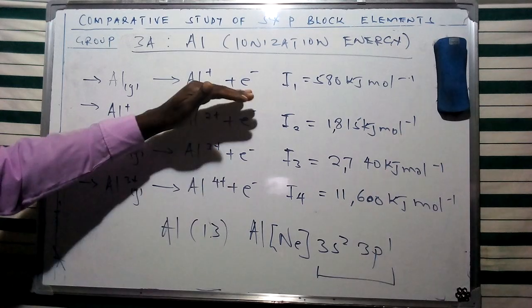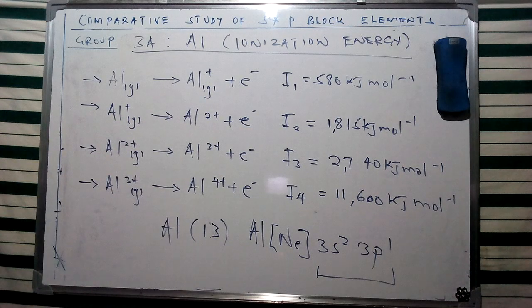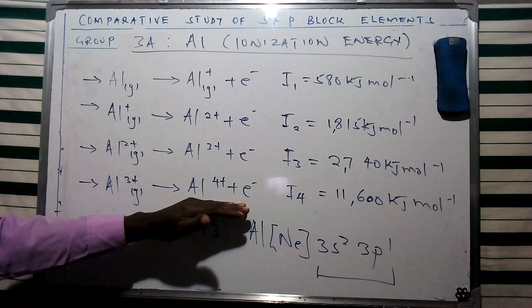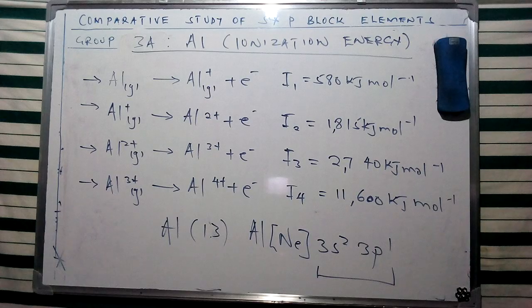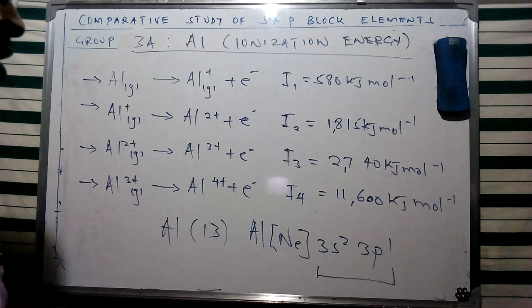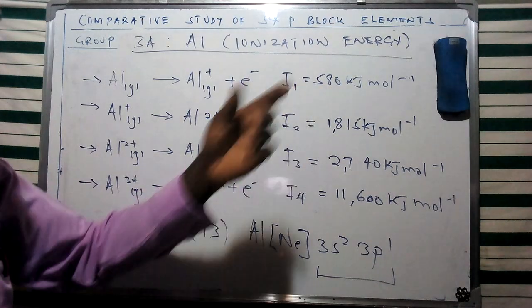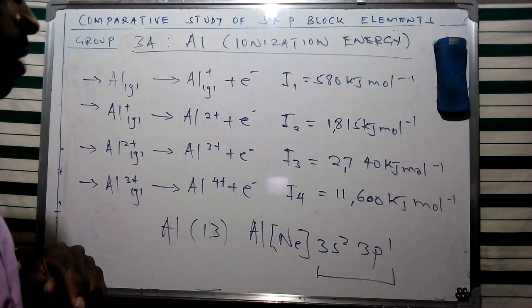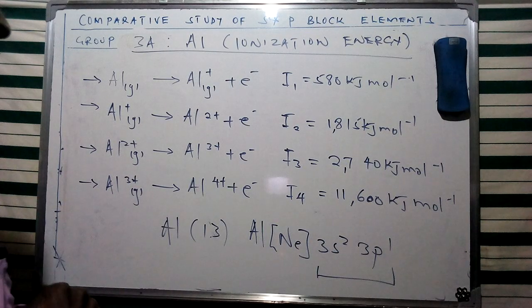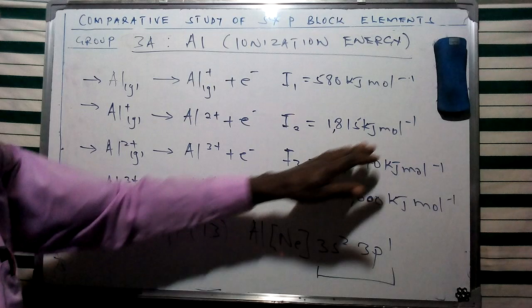As each successive electron is being pulled from the system, of course, that is going to be creating a greater ratio of positive charges to negative charges, which is going to be basically the charges of the remaining electrons. Now, that's going to lead to a considerable increase in the ionization energy, as we can see from this. So from 580 kilojoules per mole for the first ionization energy, we're going to have the second one at 1815 kilojoules per mole.